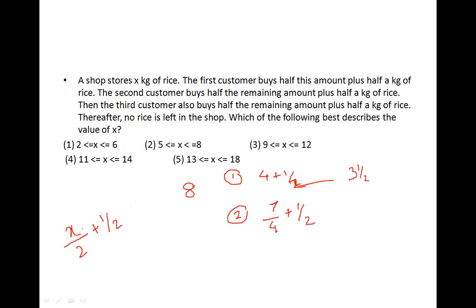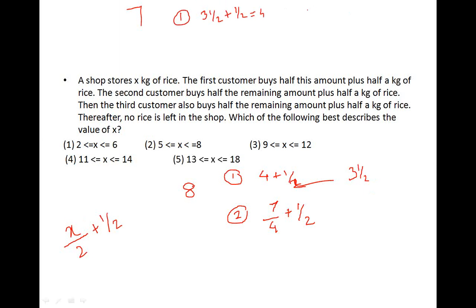Now if you take 7, or any odd number as the storage, so initial capacity is 7. The first customer would buy 3.5 plus 1/2, that is 4 kg.